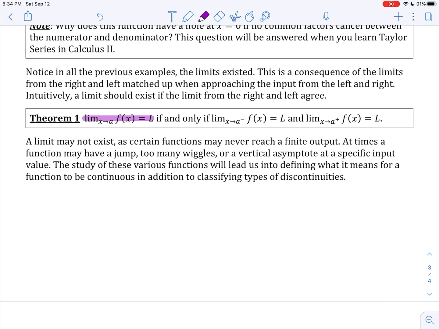We say that the limit as x approaches a of f of x is going to equal a finite number L if and only if the limit as x approaches a from the left equals L and the limit from the right equals L. Okay, sometimes it might not exist.